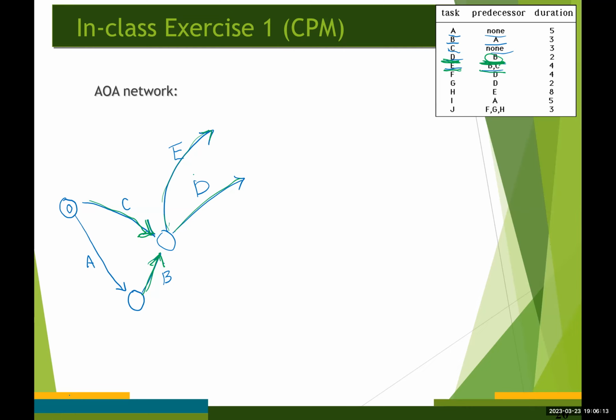So in this case, we need to introduce a dummy activity. Instead of moving this C and having the activity E up here, what I'm going to do is introduce a dummy activity, expressed by a dashed arc up here.